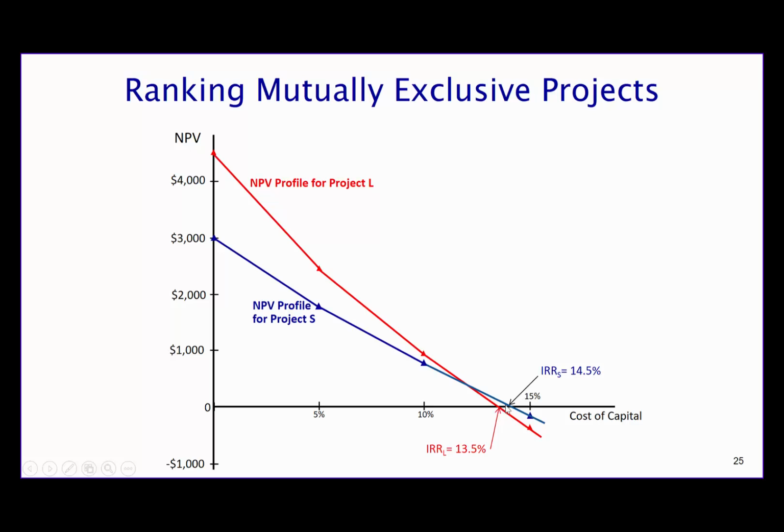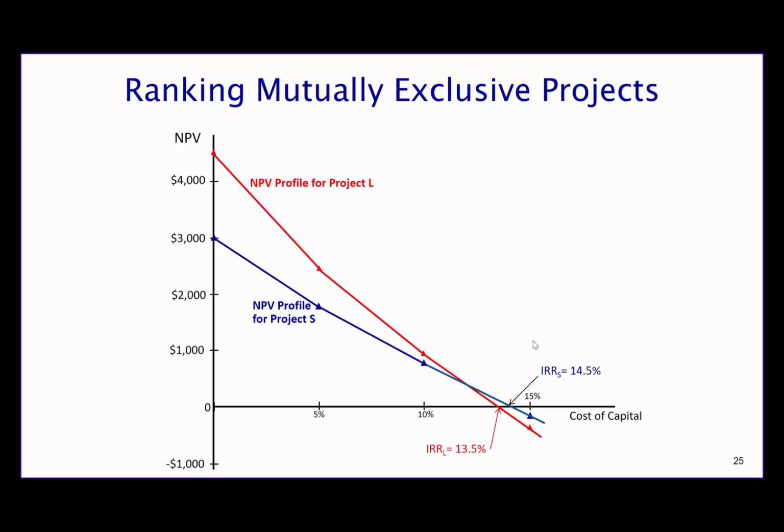At 14%, S has a positive NPV. It also has an IRR higher than 14%, but project L at a 14% cost of capital has a negative NPV and an IRR less than 14%. So hopefully by that you can see the consistency between the NPV and IRR techniques for independent projects.